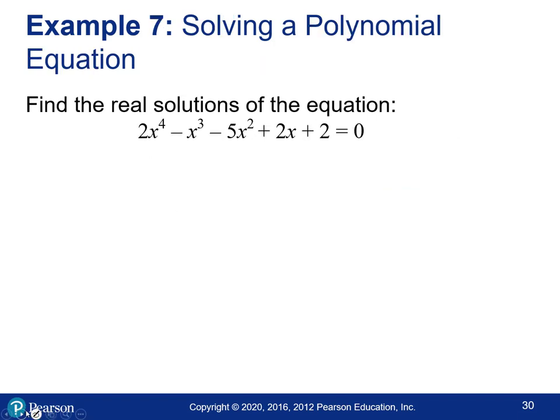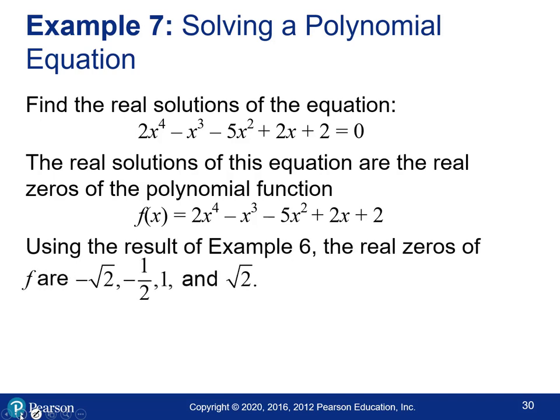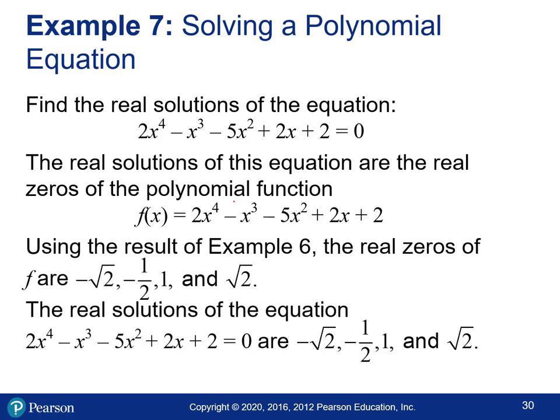All right, one last example. We're going to actually find the real solutions to this equation. So before we were finding just the function, the f of x, we're finding the real zeros, but now it says solve this equation, and so the answer is the real zeros. So we already did all the work, but I want to just point out the difference to you.